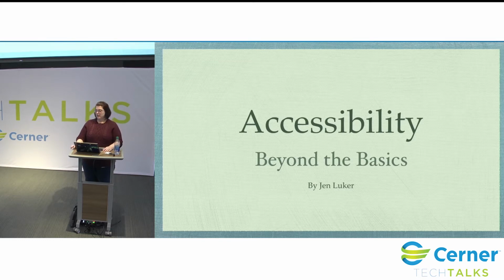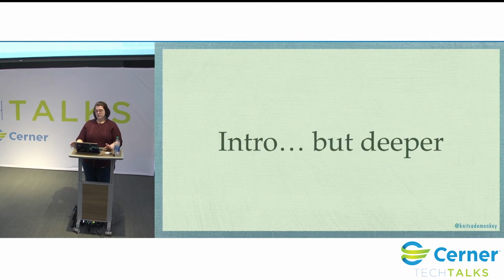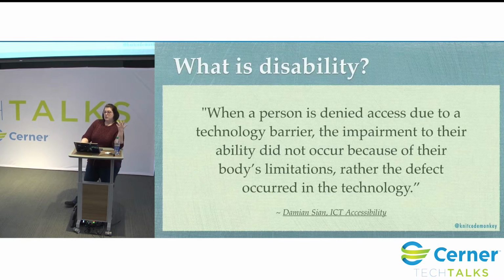Awesome, okay, so accessibility beyond the basics. I have to give the intro, but I want to give it in a little bit deeper of a fashion, something that you may or may not have heard in some of the other conversations. So what is a disability?